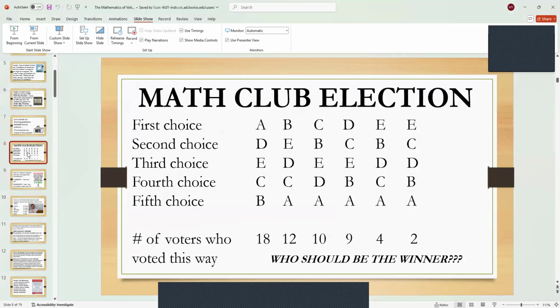So returning to the preference schedule, a lot of times we just look at the first choice. A lot of times when we vote, we only look at the first choice. Those are pretty typical ways to determine a winner, but that's not the only way.